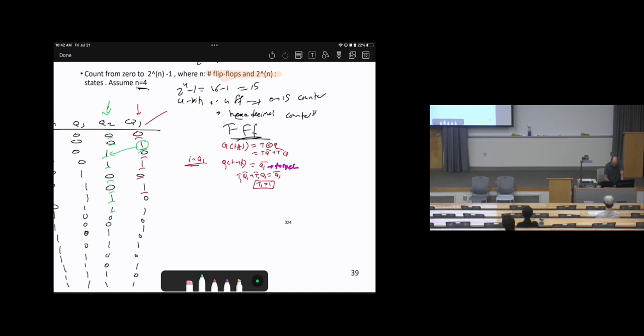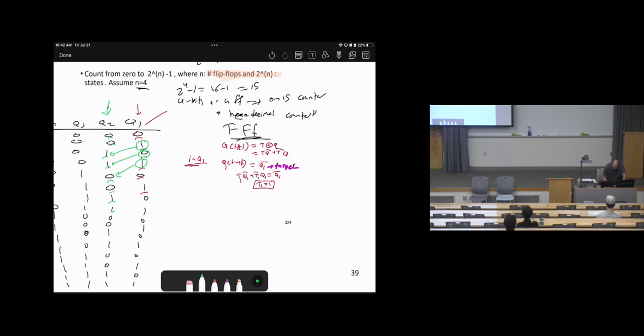When it is 0, it will become 1, and when it is 1, it will be 0. What does this mean? It toggles itself every time Q1 is 1, flipping from 0 to 1, or from 1 to 0.